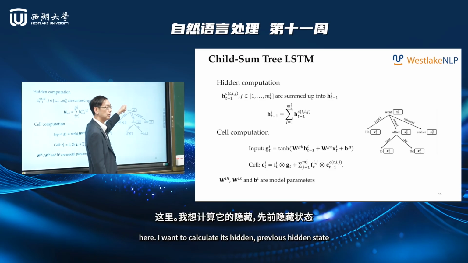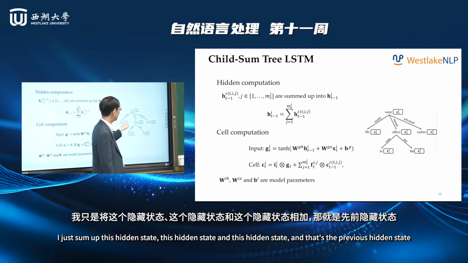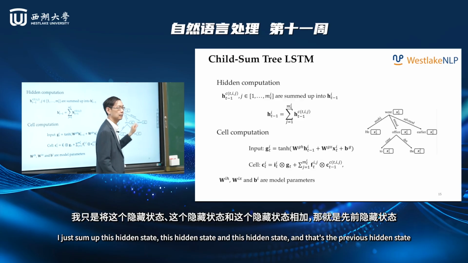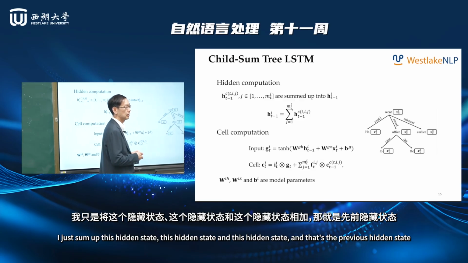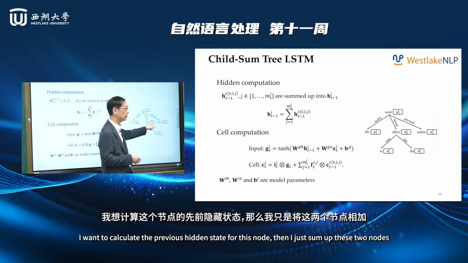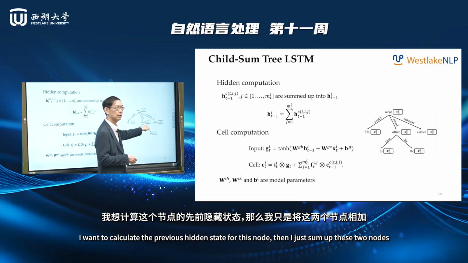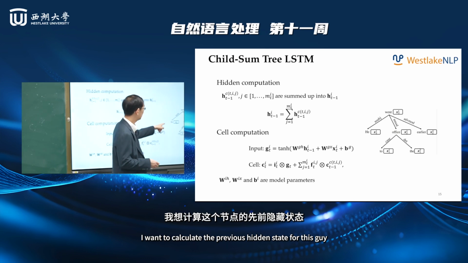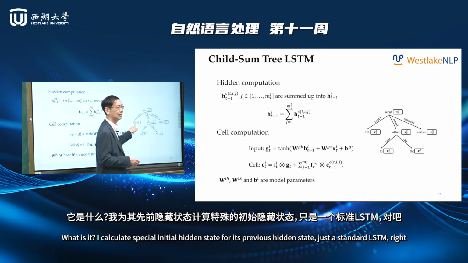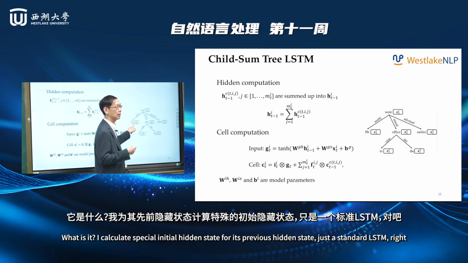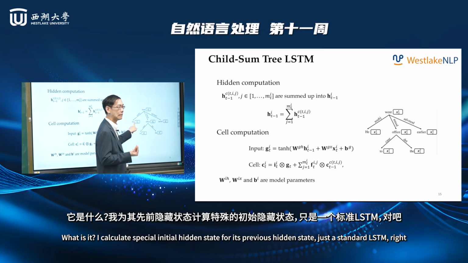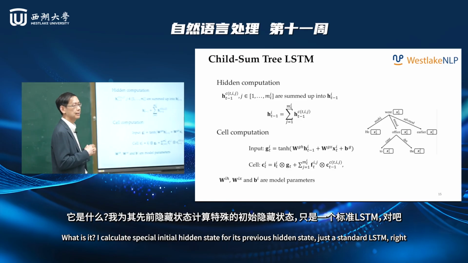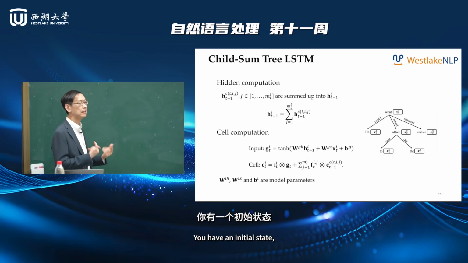Here, I want to calculate its previous hidden state. I just sum up this hidden state and this hidden state. And that's the previous hidden state. So I want to calculate the previous hidden state for this node, then I just sum up these two nodes. Now I want to calculate the previous hidden state for this one. What is it? I calculate a special initial hidden state for its previous hidden state. Just like a standard LSTM, you have an initial state.